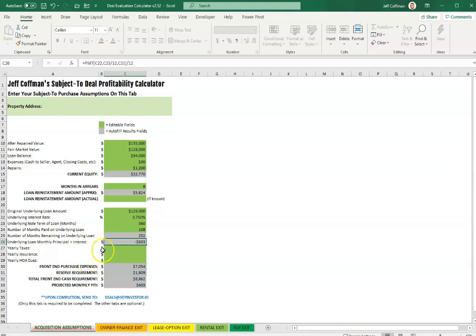We're going to plug those in right here. Her yearly taxes were $1,200. Her yearly insurance was $1,400. There was no HOA there, so I didn't have to worry about that. So now that this is completed, we can see what the loan reinstatement was, and it was approximately that amount.